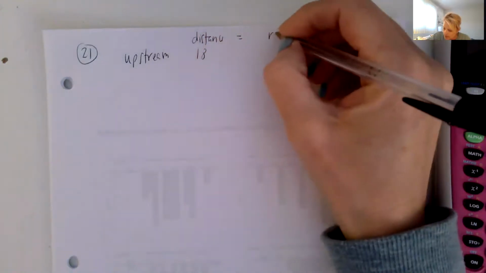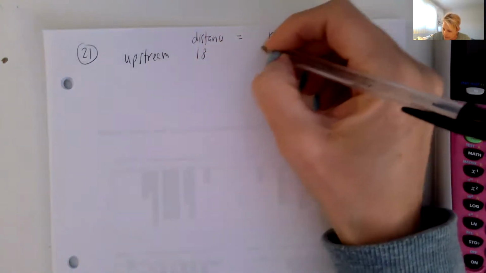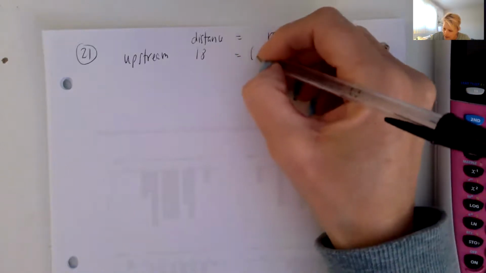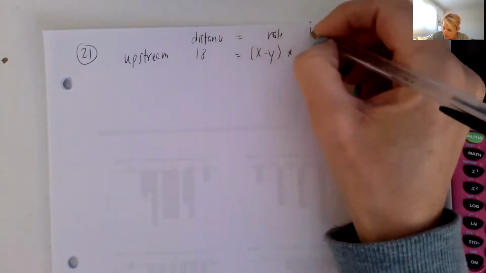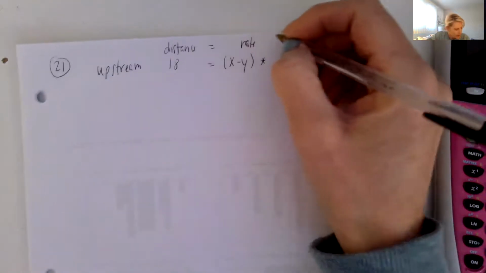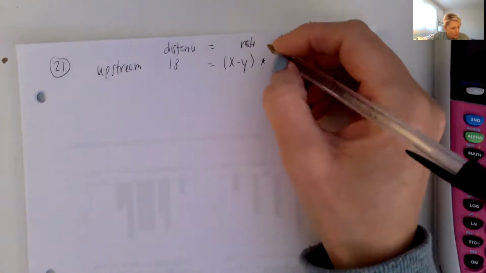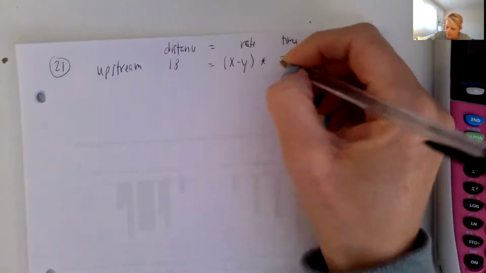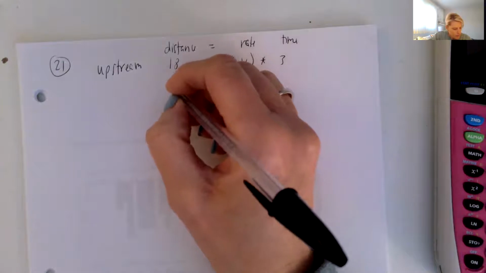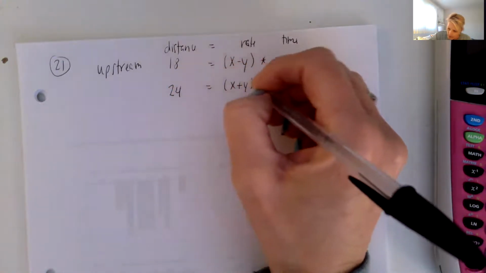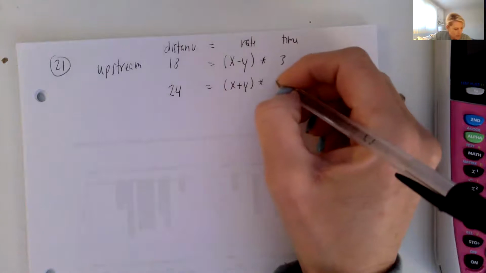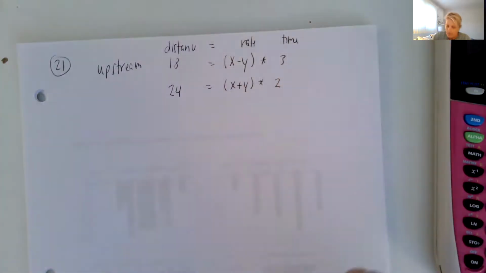Distance equals rate, and the rate is going to be X minus Y because we're going upstream, times time. And it says it was 3 hours to go upstream. And going downstream, we traveled 24 miles. And it was X plus Y. And then it only took us 2 hours.